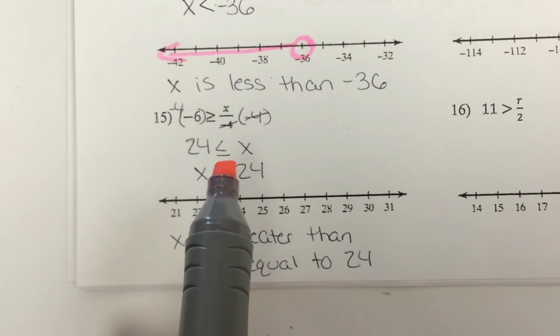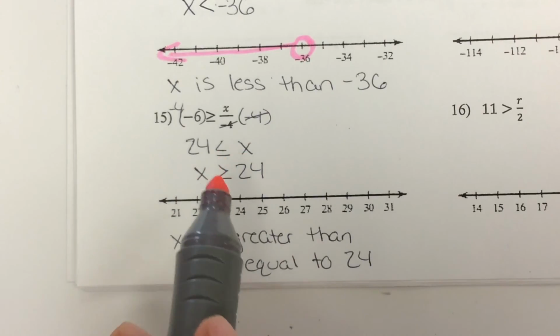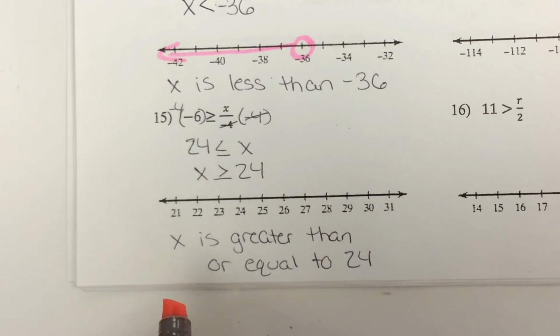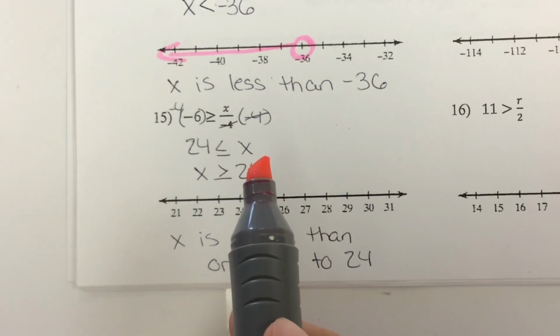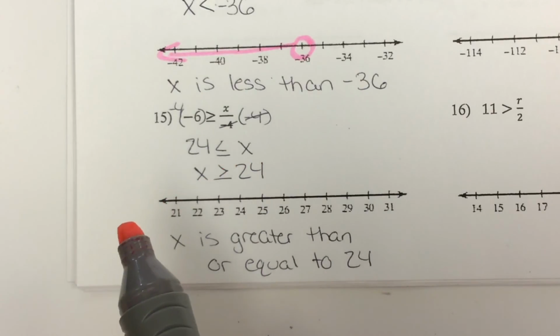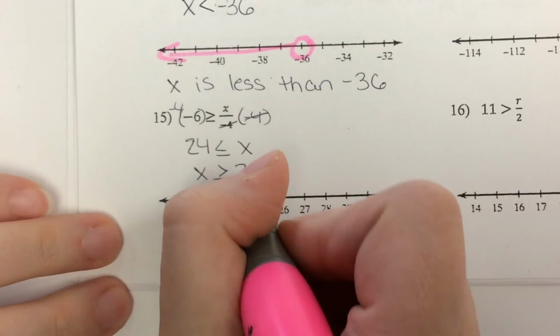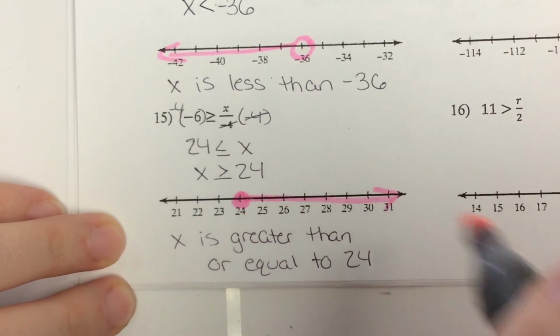But then we really need the variable first, so rewrite it with the variable first and make sure the sign is open towards x. So you have to flip that around again. Lots of flipping around. Pay real close attention to this because you might end up confusing yourself if you don't go slow and follow all of the rules. We're talking greater than or equal to 24, so that is a closed circle at 24, and all the greater than numbers go to the right.